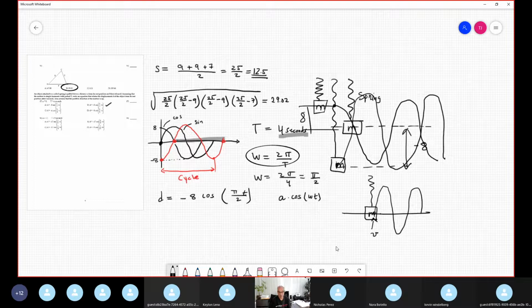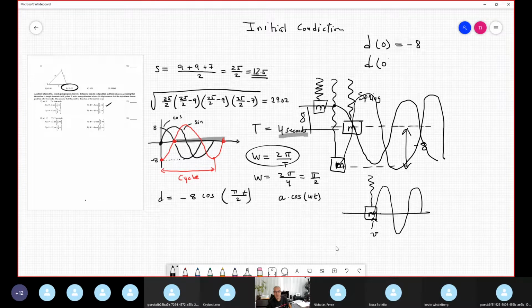Okay, so you have two kinds of initial conditions. This is physics. Conditions of the position: displacement at 0 equal to -A is down. Displacement at 0 equal to positive A is up. In both cases, the velocity at the beginning is 0.